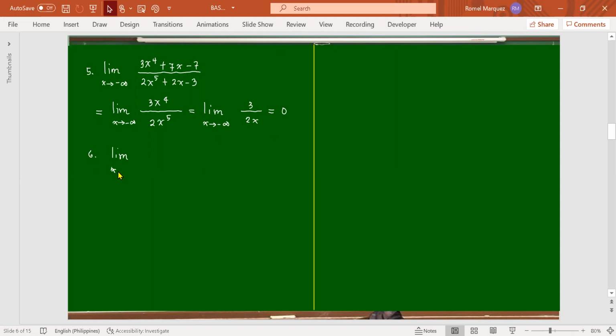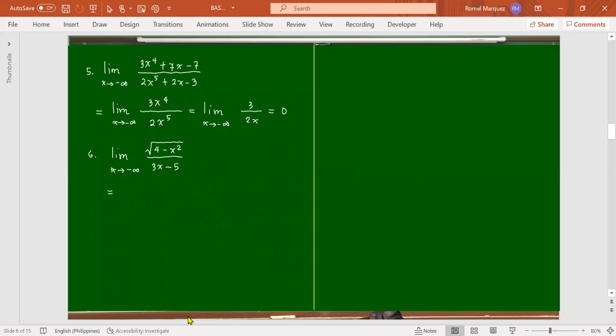Then trigonometric transcendentals na tayo. Limit as x approaches negative infinity of square root of 4 minus x squared all over 3x minus 5. What about these children?